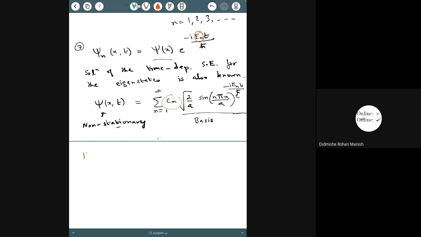So, knowing psi(x, 0), which you can choose that to be an eigenstate if you want, which you already know. Then, so here, knowing psi(x, 0), can we find the C_n's?